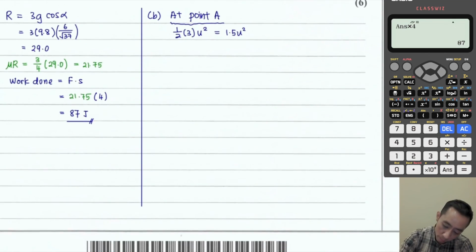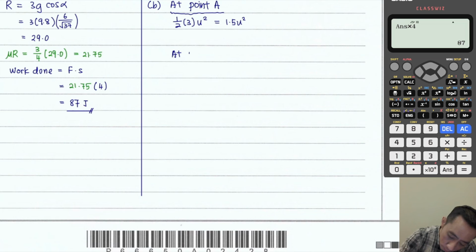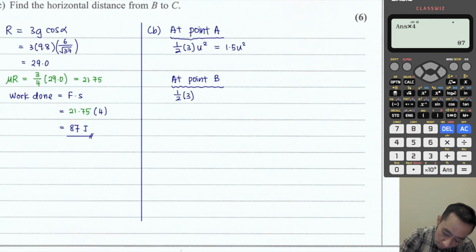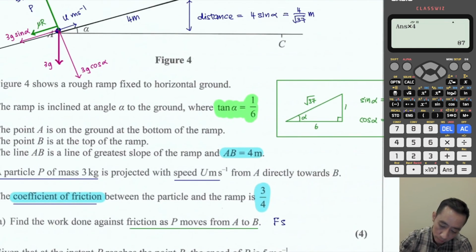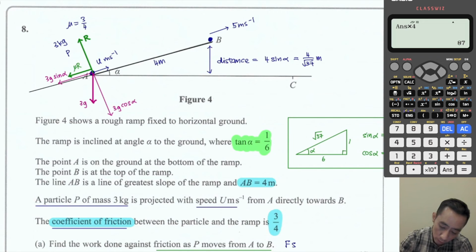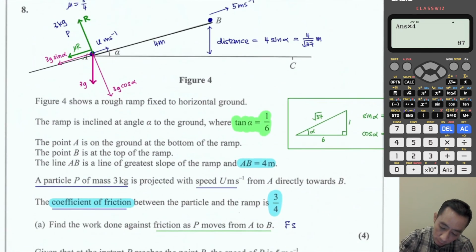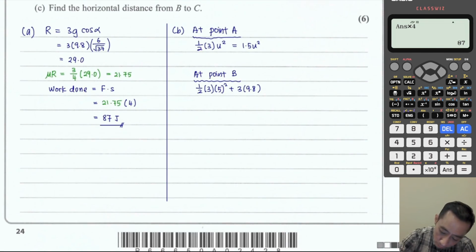So at point B, we have the kinetic energy, so 1 over 2 times 3, the speed is 5, so 5 squared. And then plus the potential energy, mgh, which is 3, gravity is 9.8, and the height 4 over square root of 37.